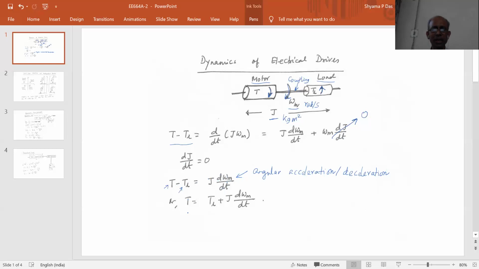So T is the torque given by the motor. Whenever we have a motor and a load, the motor is giving the motive power and driving the load, which is a mechanical load. Suppose a fan is running.